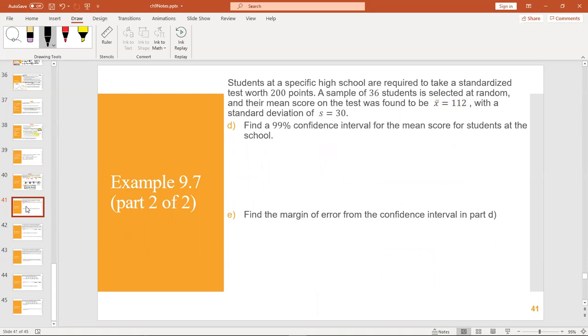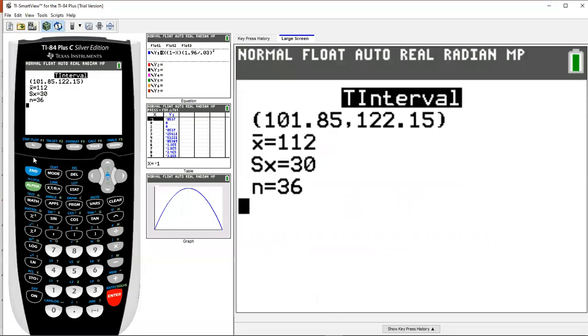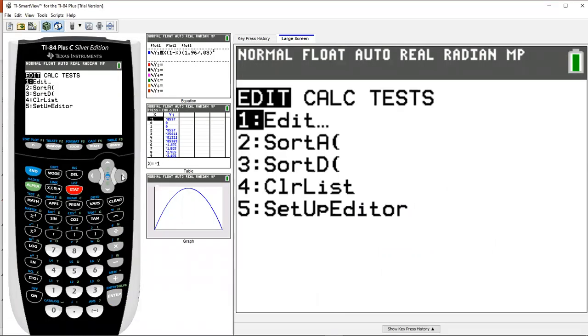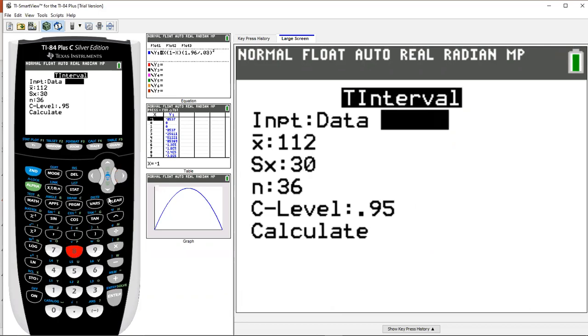All right, same scenario, find a 99% confidence level. So let's go ahead and do that. Stat, go over to tests, pick option 8. We're going to change the confidence level to 0.99.